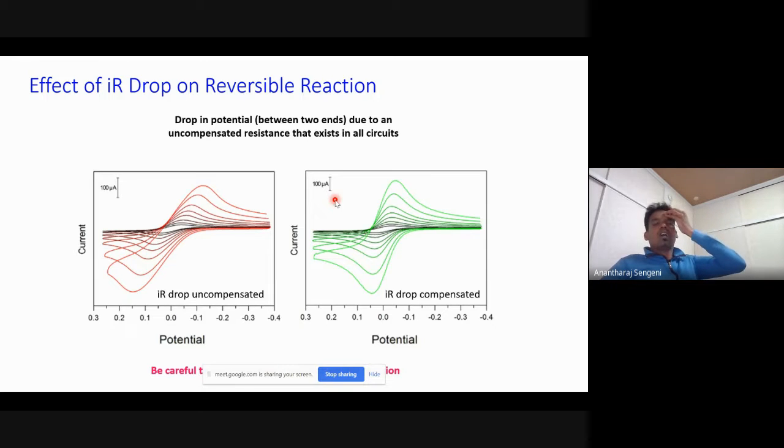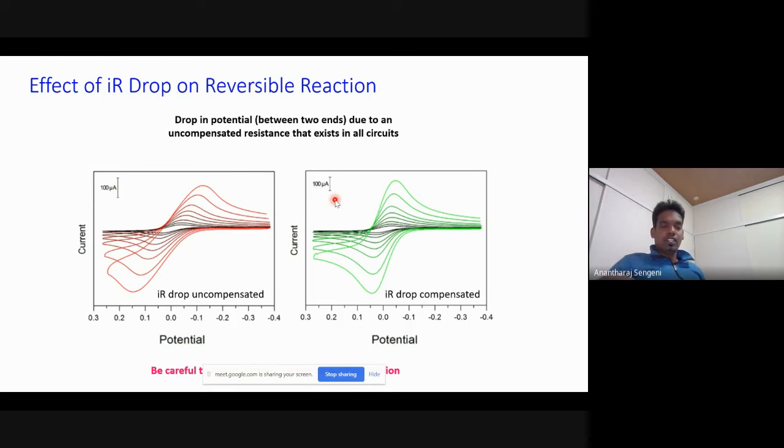Overall, IR drop is the major contributor to peak shift, but in the case of a larger electrode, double layer capacitance can also play a significant role, particularly when you increase the scan rate, because the scan rate increases the double layer charging current. It will increase the potential delay felt by the interface, so we should be very careful about it too.